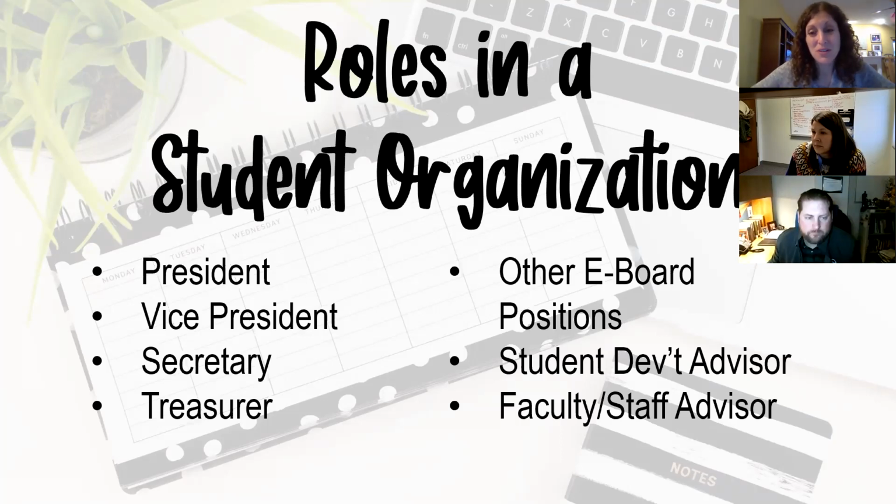The person who is your faculty or staff advisor is usually more of an expert in your specific area. So while Joe might be the advisor for the math club, that might not be his specialty. I'm the advisor for the equestrian club, and I'm a little terrified of horses, I'll admit. But I do love working with them and making sure that I can help their events be successful.